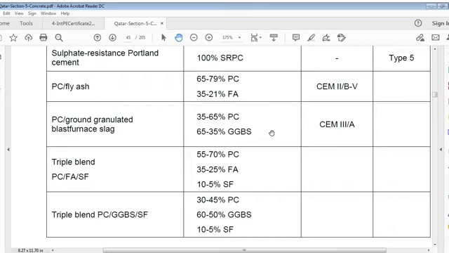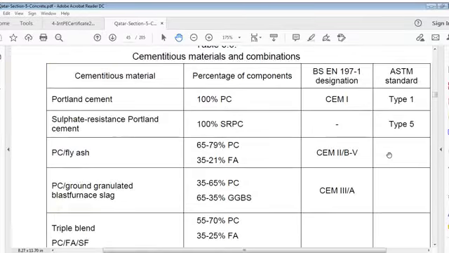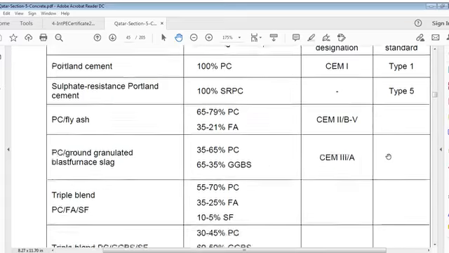So here it is 21% to 35% fly ash replacement of Portland cement. This is according to CEM II/B-V, that is the BS EN 197-1 designation.